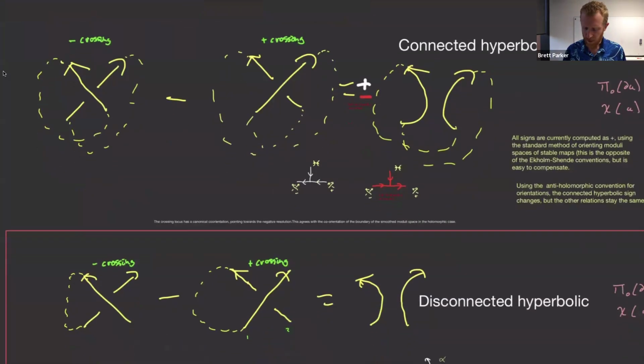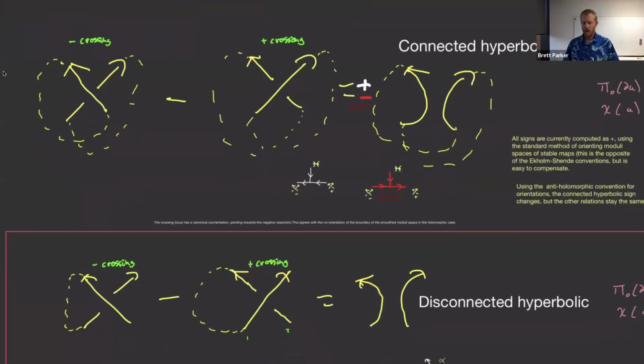Okay, so the thing is that how you get orientations in the moduli space of holomorphic curves is you take your curve, and you want to orient the linearization of the d-bar operator for this curve. Okay, but it's not clear how to do that.